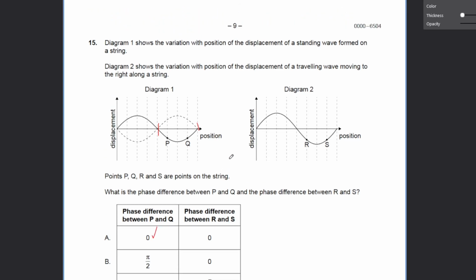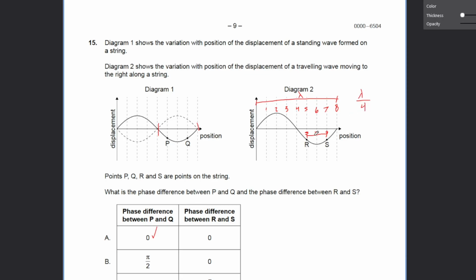Okay, now look at diagram 2 here. Well, if we're counting these, we have 1, 2, 3, 4, 5, 6, 7, 8. And this R is located at 5. This S is located at 7. So this path difference is 2. But this entire wave is lambda, so it is 2/8 lambda, or just lambda over 4.